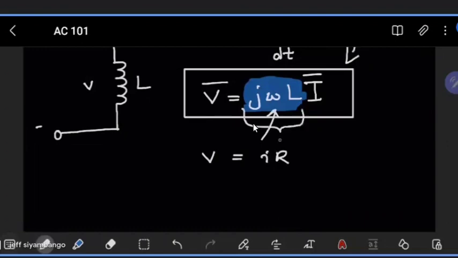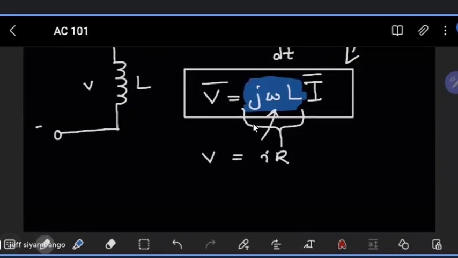Don't you see that it takes the place of the resistance R in Ohm's law? Firstly, the place of voltage is taken by the phasor voltage. The place of current is taken by the phasor current. So this is fine. The only thing that is left is resistance R, and it looks like this thing here does represent the resistance.